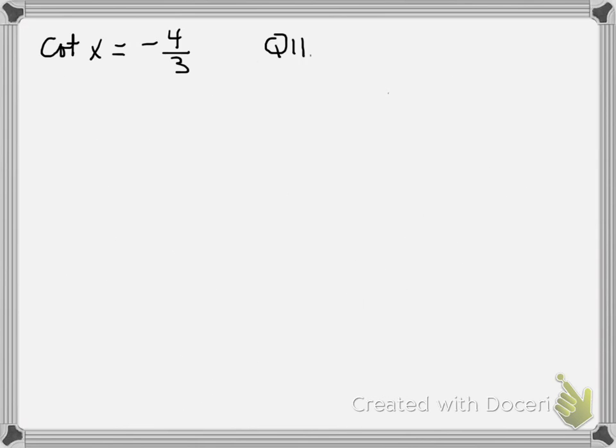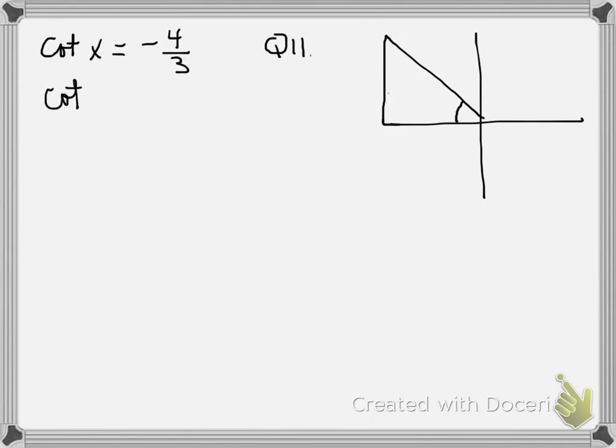Another one. Cotangent of x is negative 4/3, and you're in quadrant 2. Alright, so I'm in quadrant 2. And if I've got negative 4/3, then remember your cotangent of x is your adjacent over your opposite. So my adjacent will have to be negative, since I'm in quadrant 2. Negative 4.